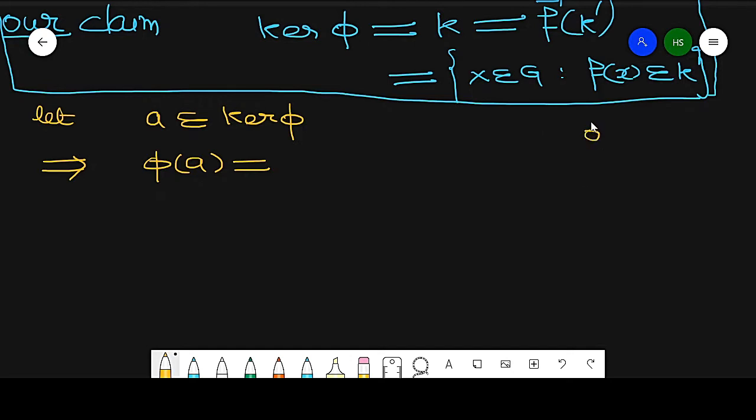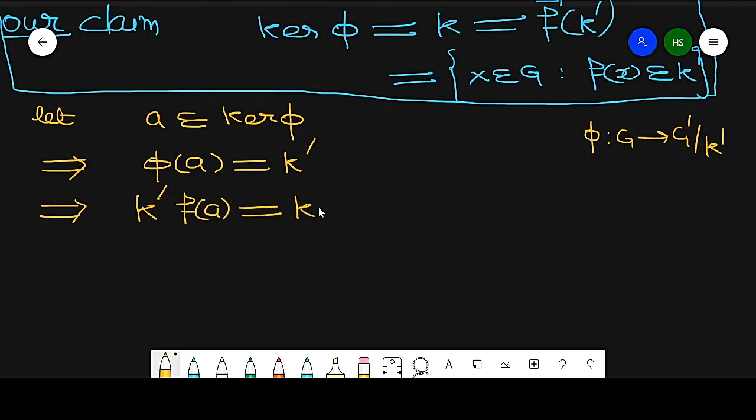So what is that group? Phi from G to G dash by K dash. So what is its identity? Its identity is K dash. Now it implies, substituting the value of phi A, K dash f of A, which is equal to K dash.